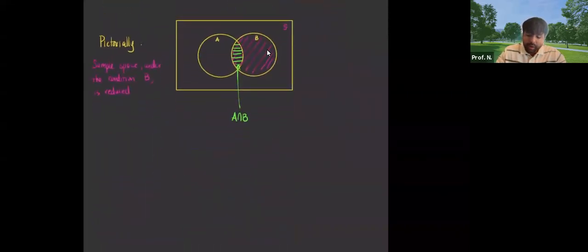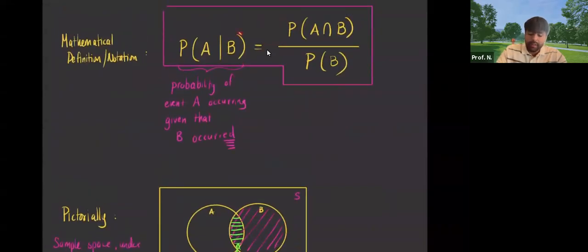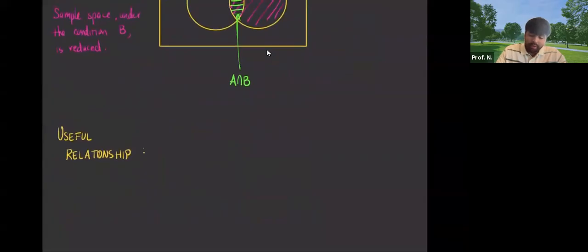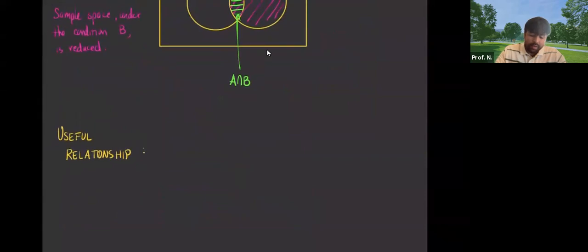And equivalently, this is kind of nice and will be very useful too. A useful relationship is that now that we know the probability of A given B is equal to the probability of the intersection of A and B divided by the probability of B, if you solve for A intersect B, we have a new way to find the probability of the intersection.